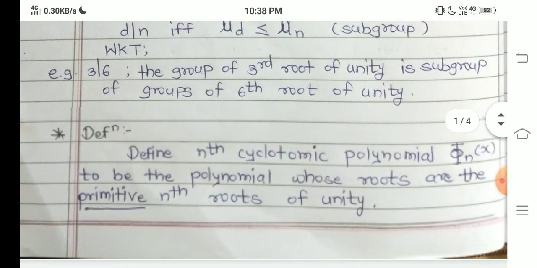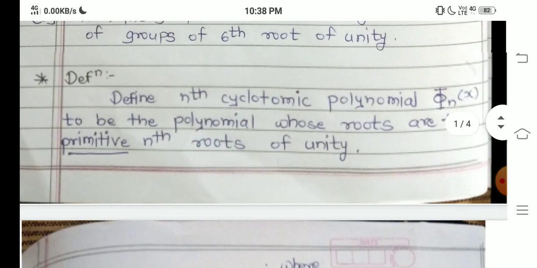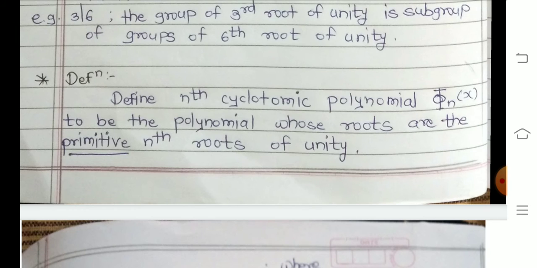Then next we have seen another definition. Define the nth cyclotomic polynomial phi_n(x) to be the polynomial whose roots are the primitive nth roots of unity. That means the nth roots of unity x1, x2 up to xn are n elements. Now we will check primitive nth roots of unity.